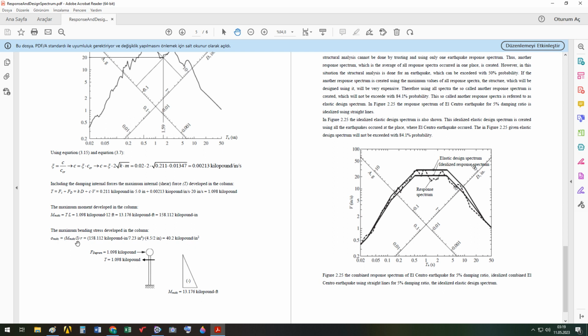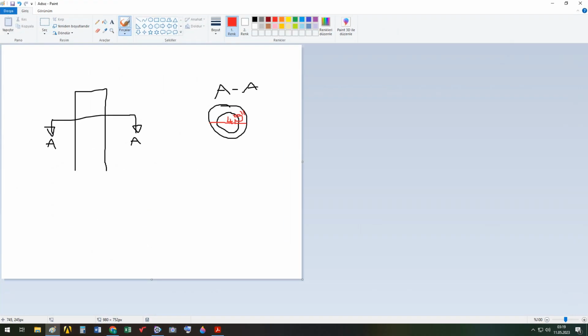Moment of inertia is given in the question. Maximum moment is calculated here. R is the distance from the neutral axis to the most outside fiber in the cross section.